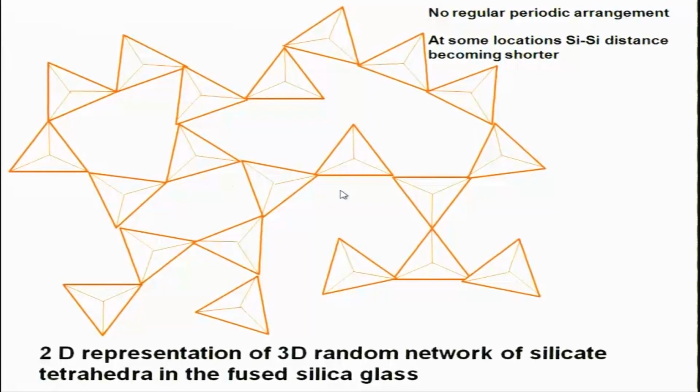Fused silica is amorphous. You can see that you have polyhedra, but they are all at random angles, with various possible coordinations.